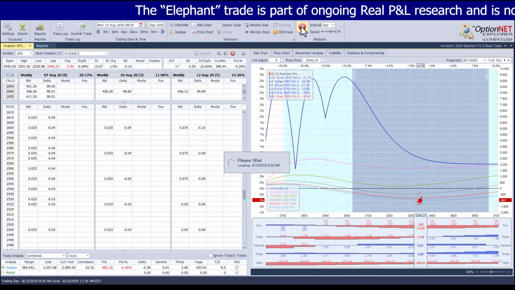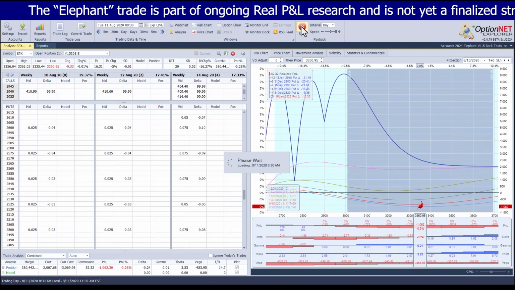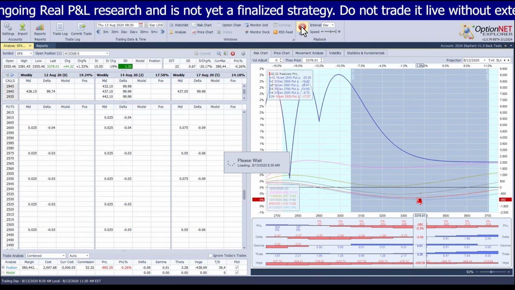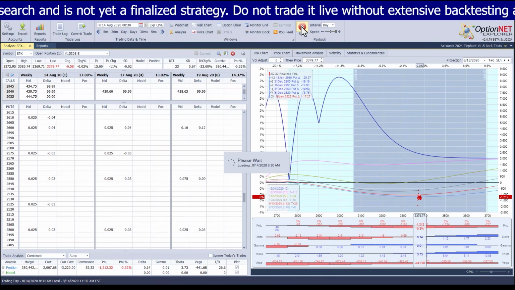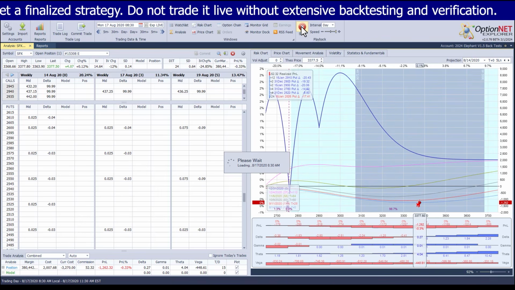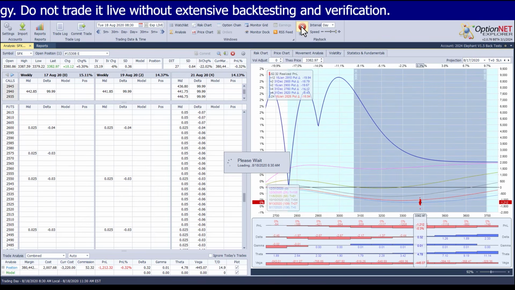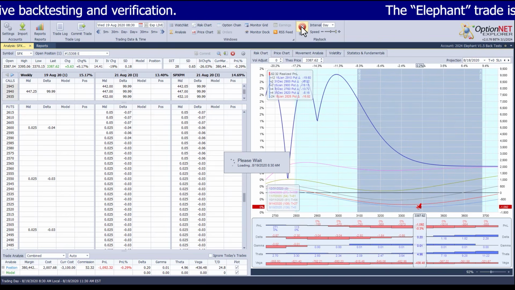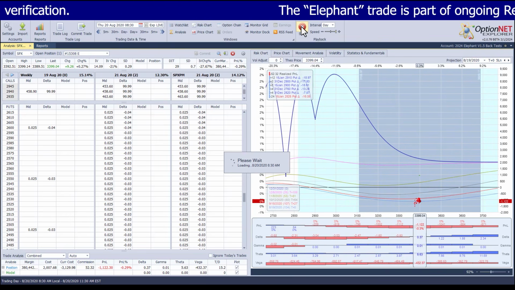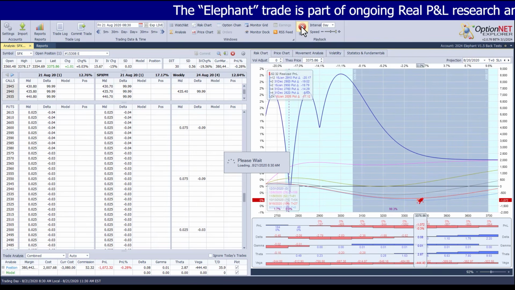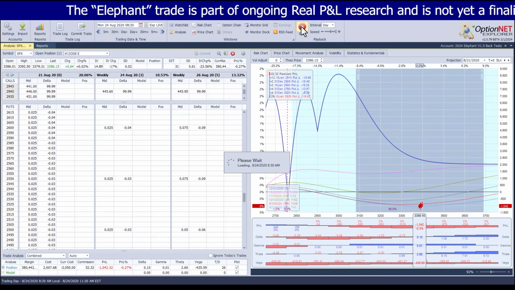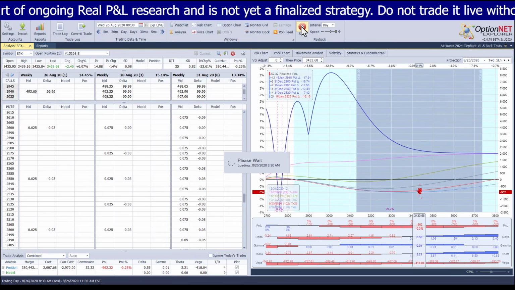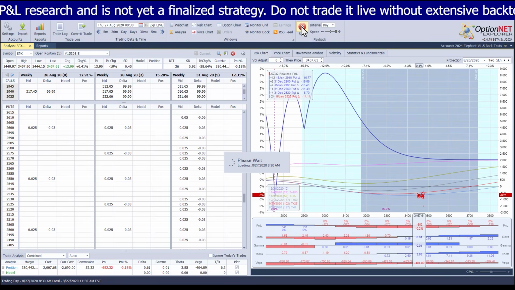Because it's definitely showing the potential to lose. August 2020.